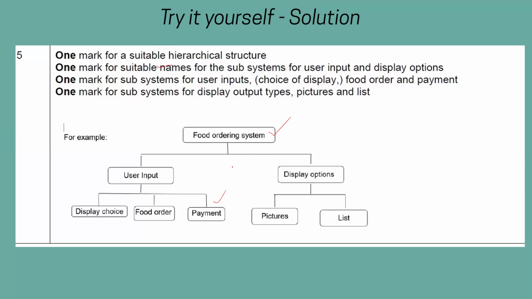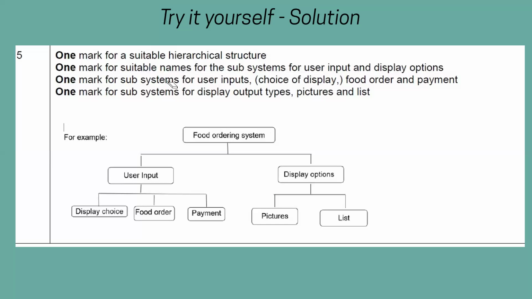Food order and the display choices are also very important, that you are going to input, so the user can view these choices once they are going for the display options. So this is one simple type of question the examiner is going to ask about top-down design.